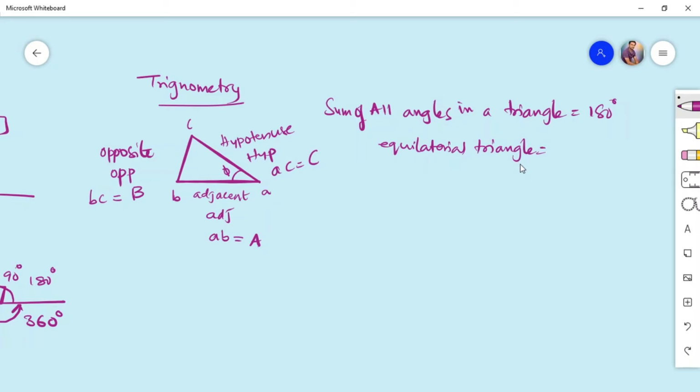What is an equilateral triangle? All the angles in the triangle are 60 degrees. That means all the sides are the same in an equilateral triangle, because all the angles are 60 degrees. So, the sides are the same. We have the isosceles triangle.